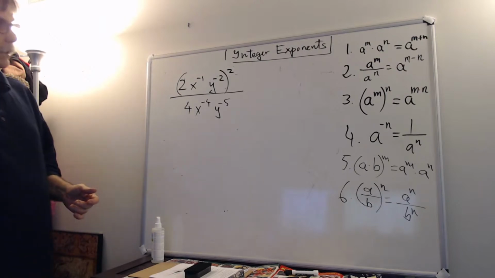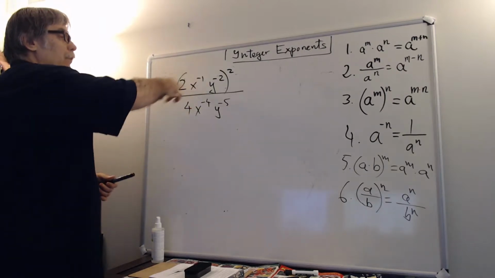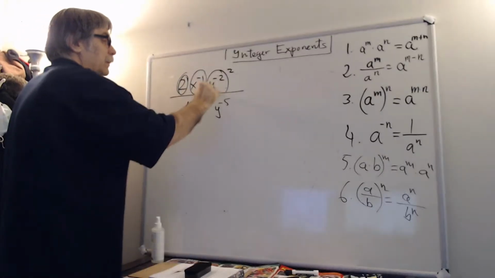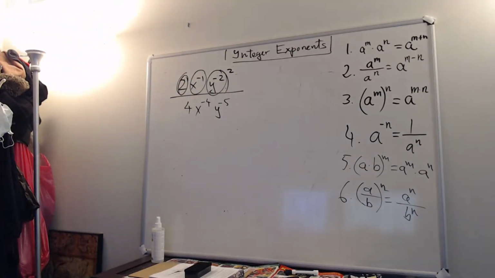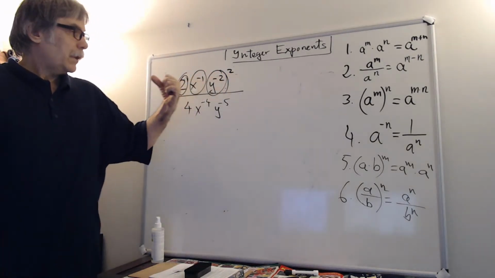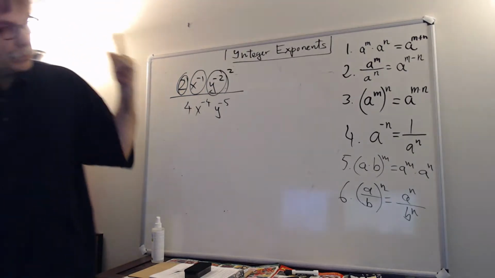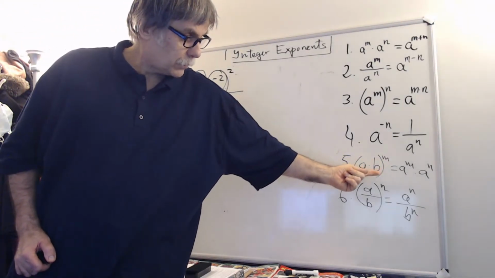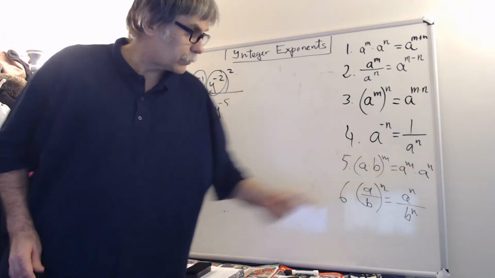So what do we do here? Well, first of all, we're going to work on the top. I need to consider this, this, and this as factors, and there's a square. According to property number 5, the power can go separately on each factor.